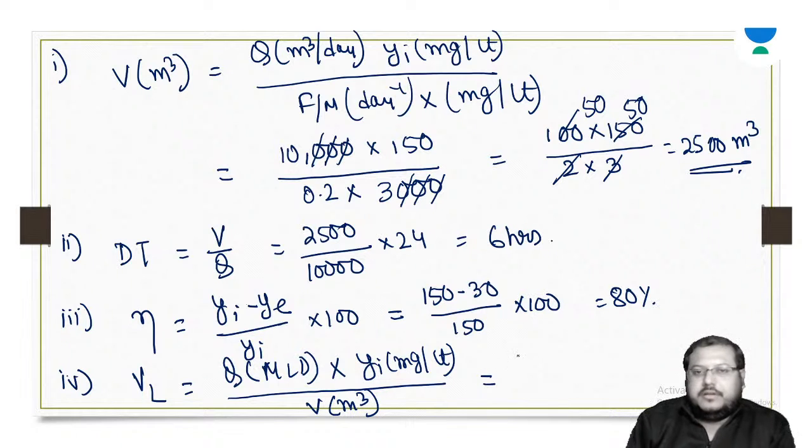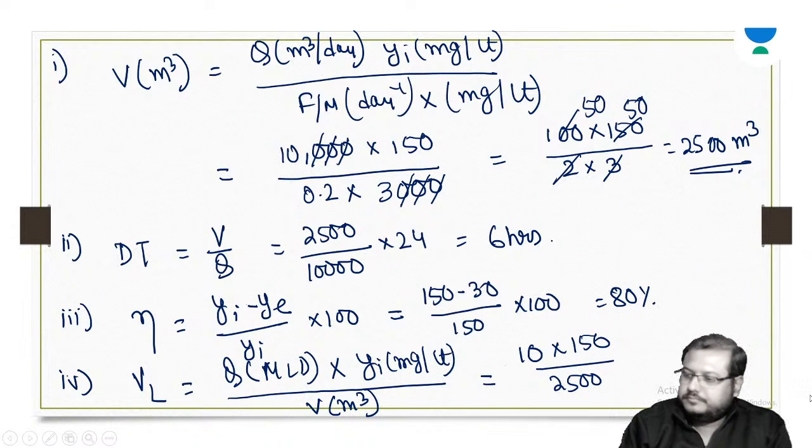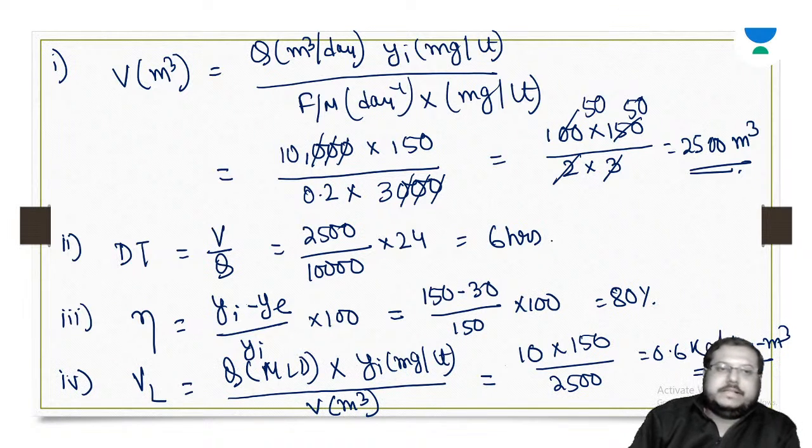So it is 10,000 meter cube per day. So it's 10 MLD into YI is 150 by 2500. That is 0.6 kg per day meter cube. 0.6 kg per day meter cube will be the volumetric loading rate. That's question number 4.